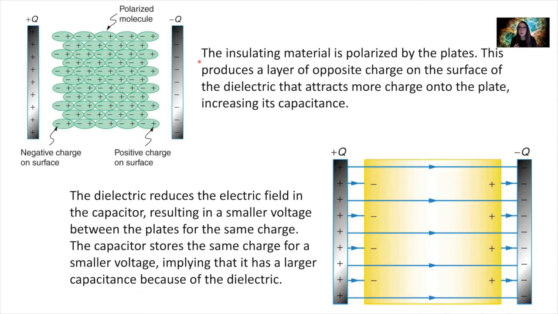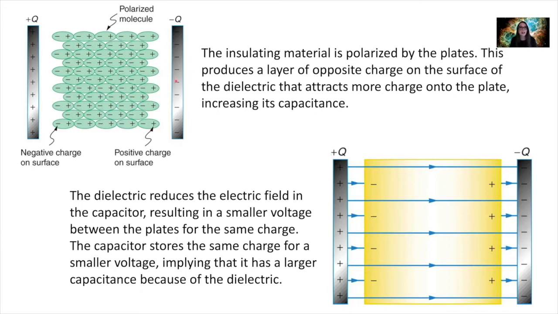So how does a dielectric help to increase this electric field that you can get within the capacitor? Well, that dielectric, remember, is an insulating material, and it's going to be polarized by the plates. So here's our parallel plates. We're going to insert our dielectric. Here's our dielectric, and these are the molecules inside the dielectric. The charge on the plates induces a polarization of the molecules inside the dielectric. So we've got our positive plate here, our negative plate here. And so because opposite charges attract, this positive plate is going to attract all the negative ends of the molecules inside the dielectric.